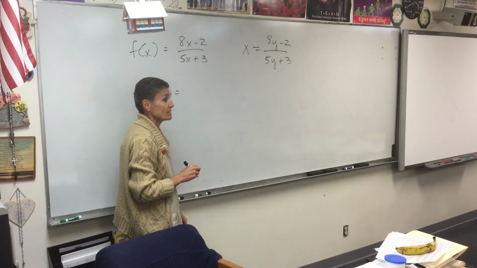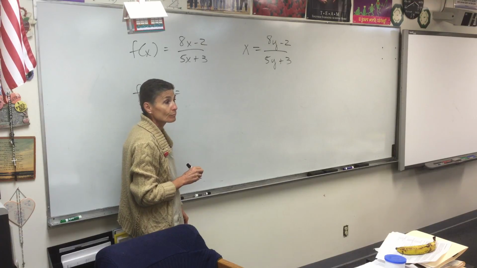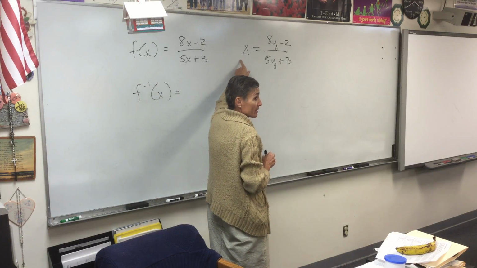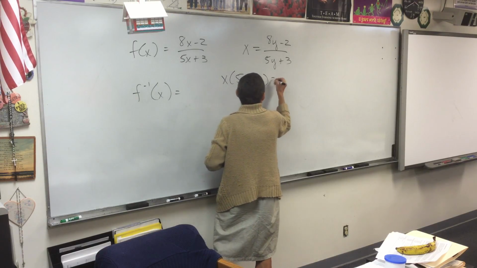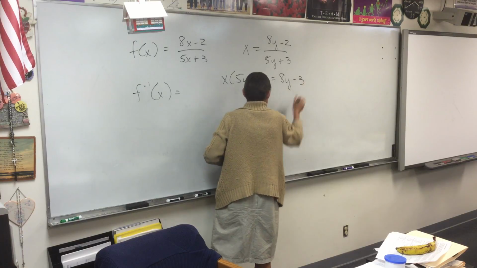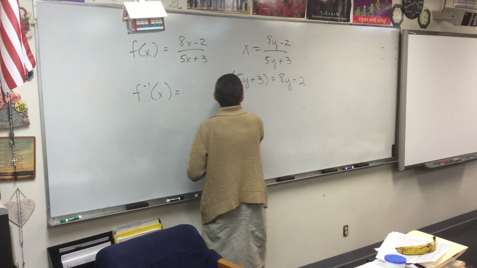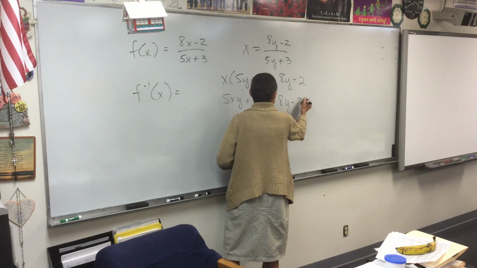All right, who remembers the next step? Colleen. Over to the other side and distribute it times the x, right? So we're going to bring that 5y plus 3 over here and distribute. So we have 5xy plus 3x equals 8y minus 2.